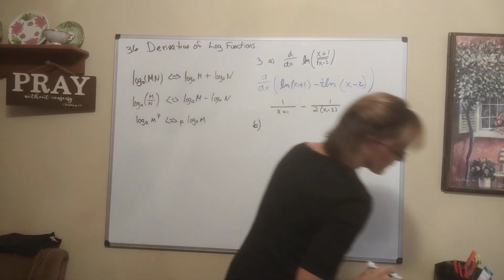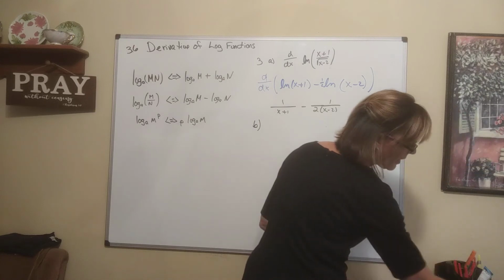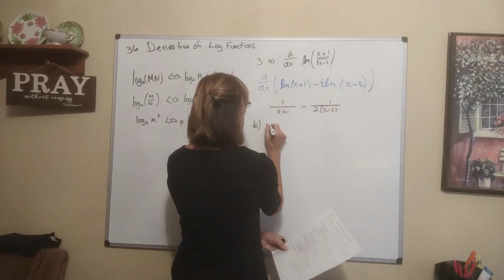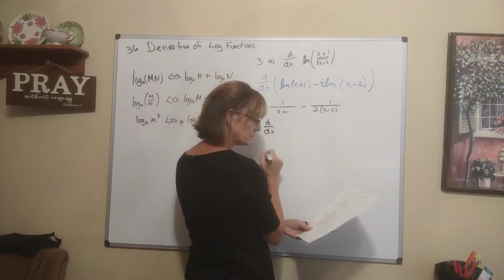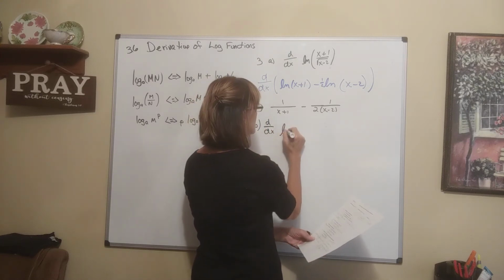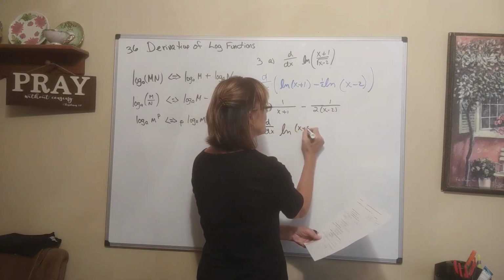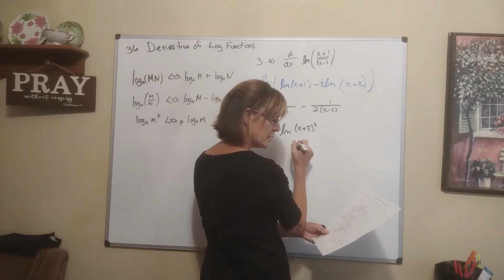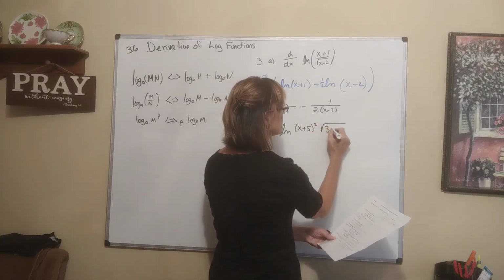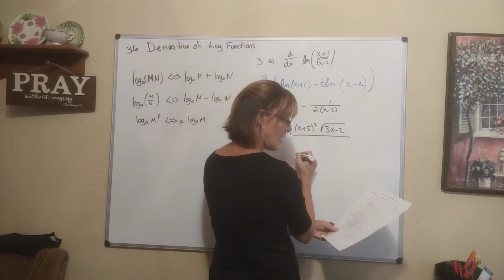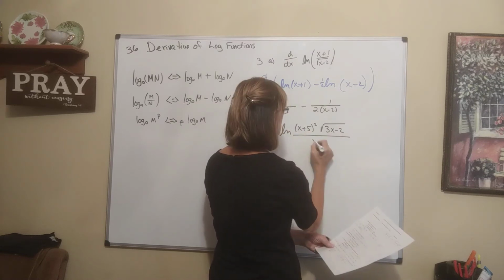Let's look at b. b goes like this. The derivative, d dx, of the natural log of (x plus 5) squared times the square root of 3x minus 2, all over x cubed. All right.